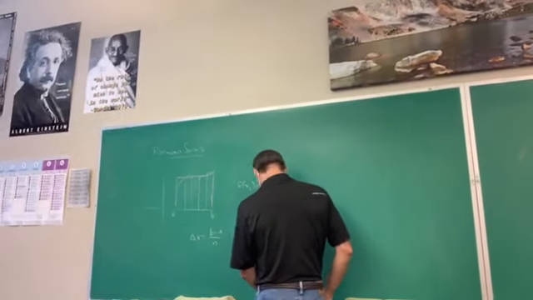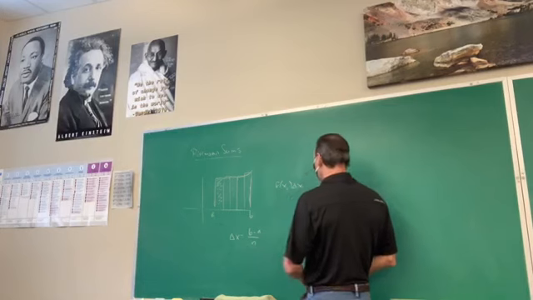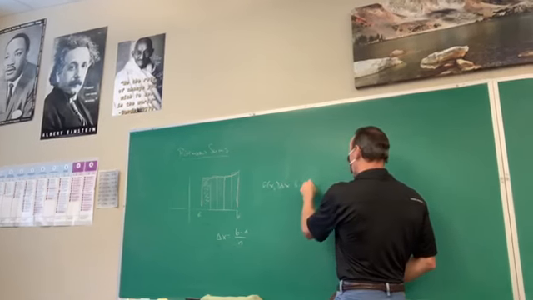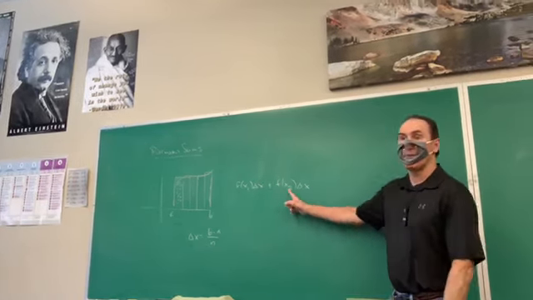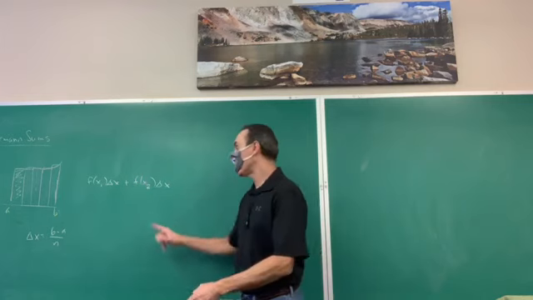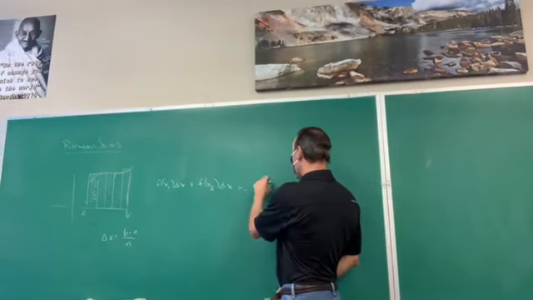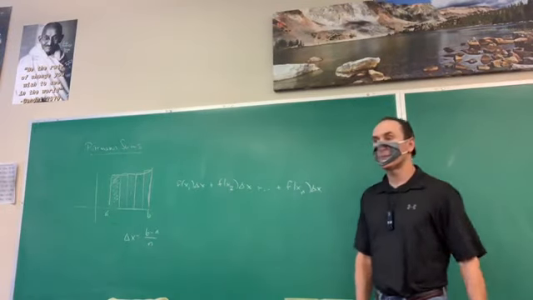So that represents this area right here. And then we do that again, and whatever our scheme is for getting the height of that rectangle, we plug that value of x into the function to get the height times delta x, and we do that until we have n of those rectangles.